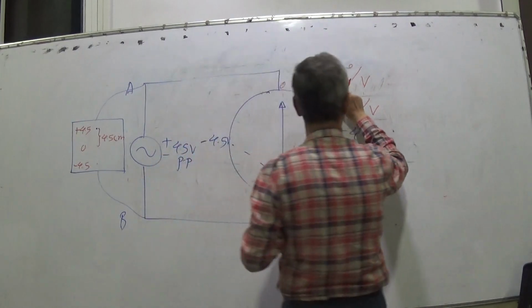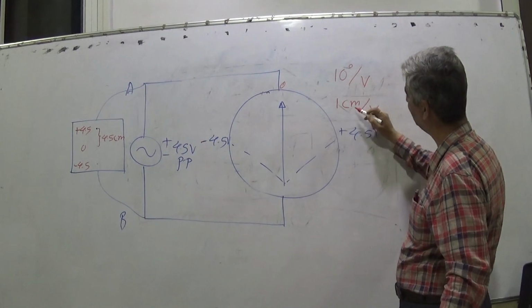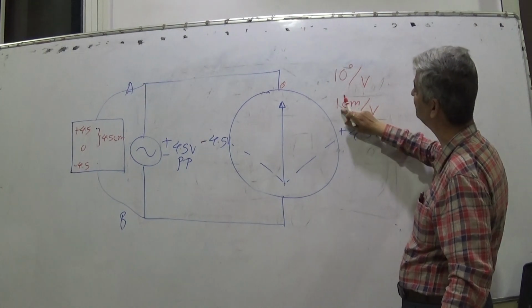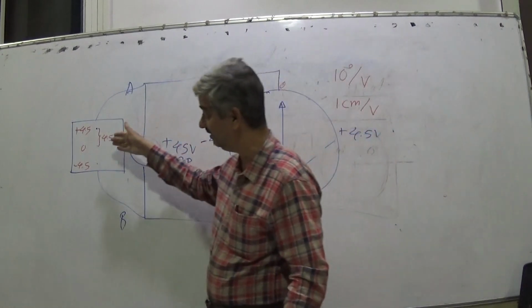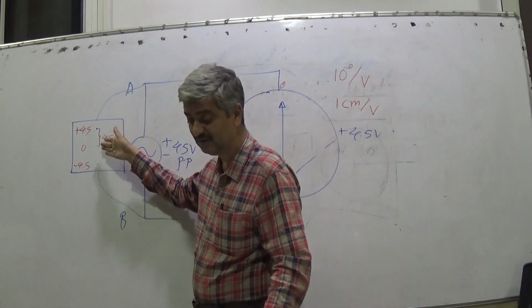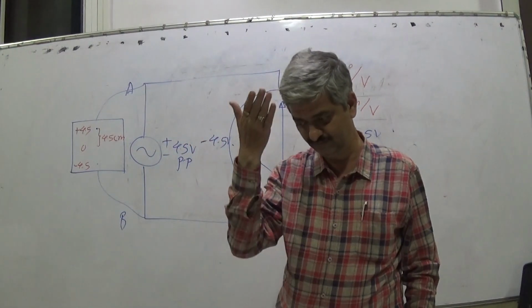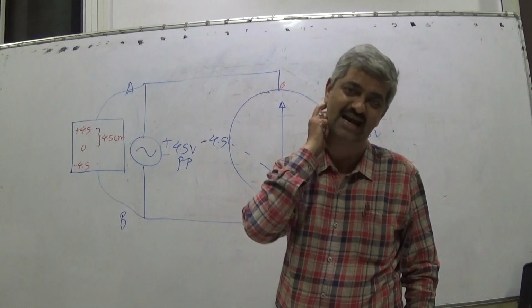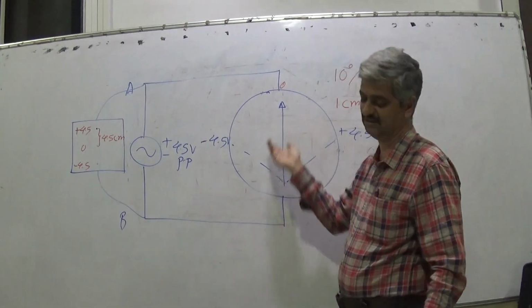So this is 10 degrees per volt, output is angular position, and here 1 centimeter per volt, output is linear position. Now this is a system which is very fast. It means the beam can change at a very rapid rate, but the pointer can't move beyond a certain rate.